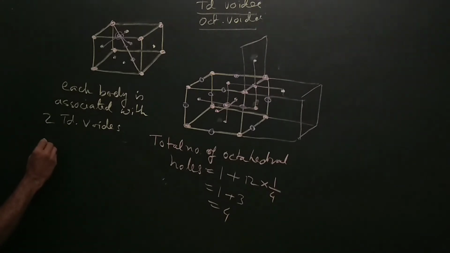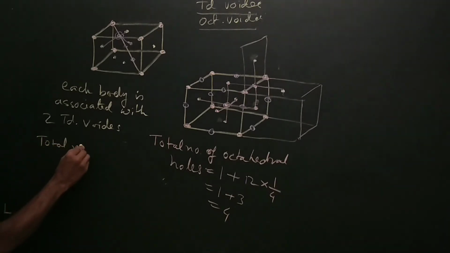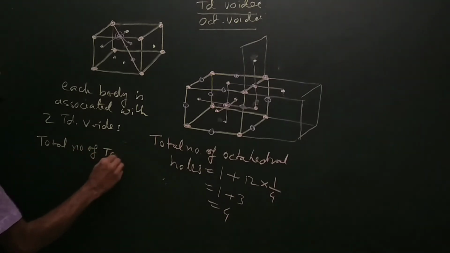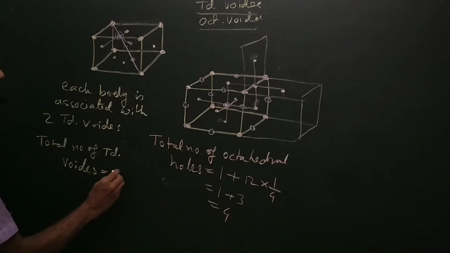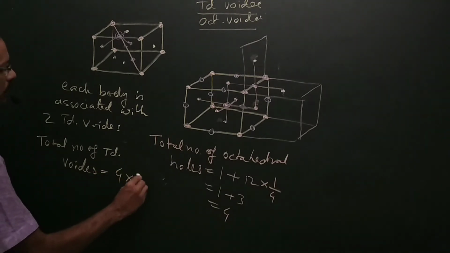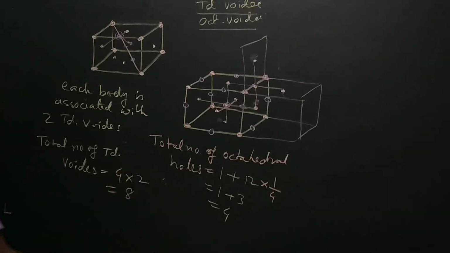Therefore, 4 body diagonals will have a total number of tetrahedral voids equal to 4 into 2 equals 8.